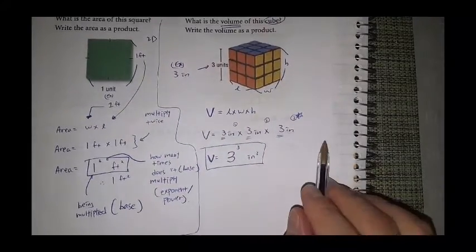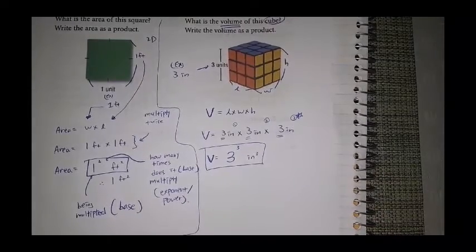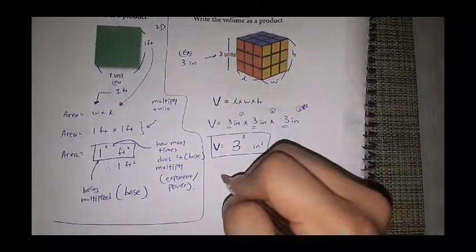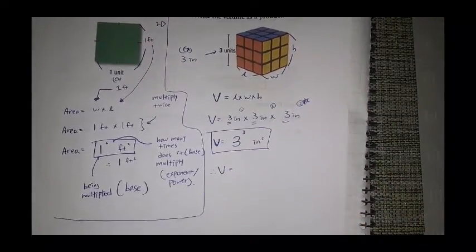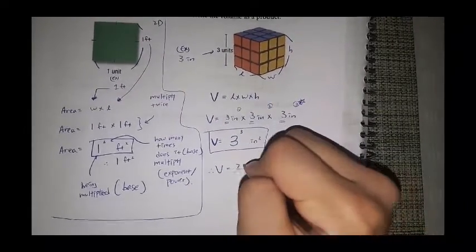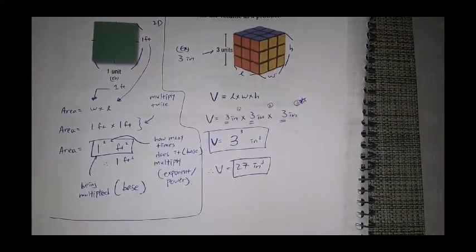Instead of listing it infinitely or horizontally, mathematicians and scientists decided to make it very short so that we can use the space a little better. And obviously, if you list everything, 3 times 3 is 9, 9 times 3 is 27, so you can conclude that this is 27 cubic inch.